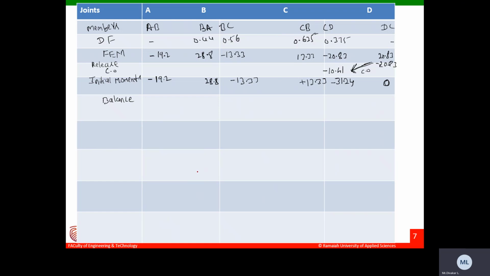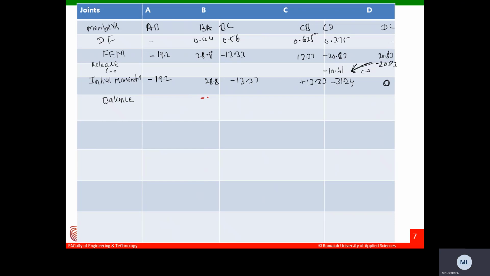That should be multiplied with the respective distribution factors. 15.47 into 0.44, you will get 6.8. Change the sign, write down the values.